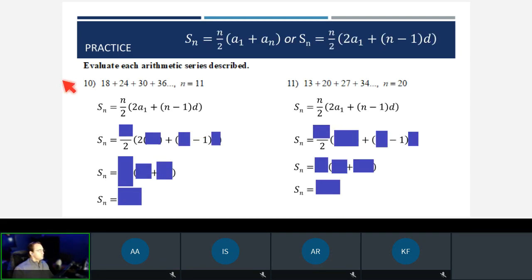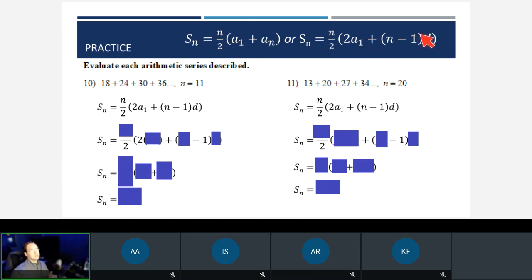Okay, so number 10. Given this sequence here, 18, 24, 30, 36, ... The number of terms is 11. We are not given the last term. Now, if we wanted to, we could use the a sub n formula, find that 11th term, and then use this first formula here and do it that way.